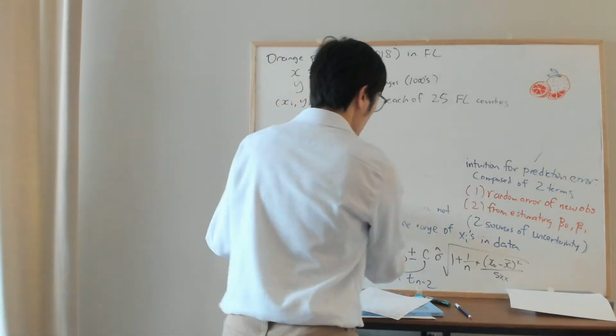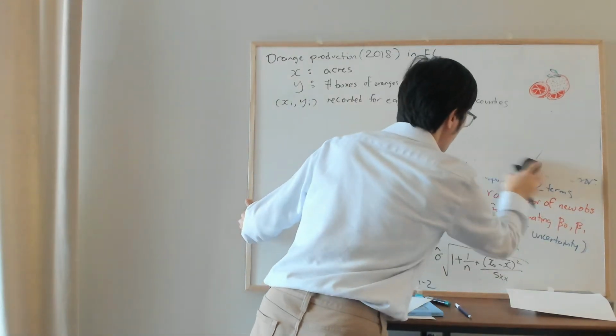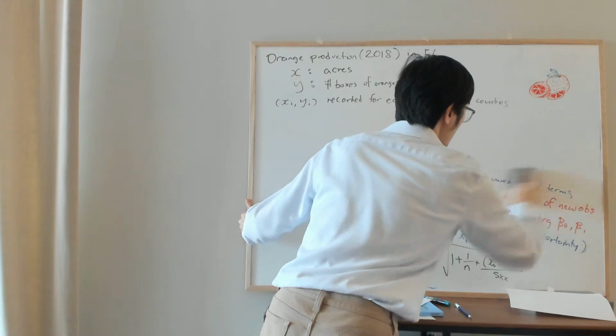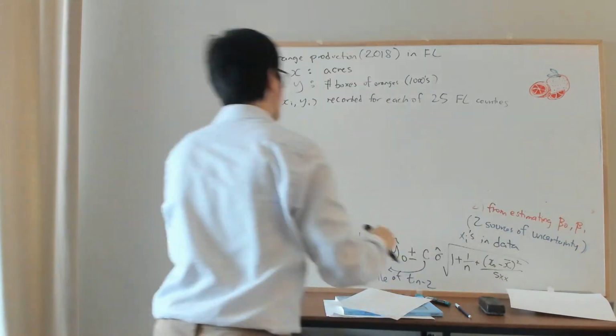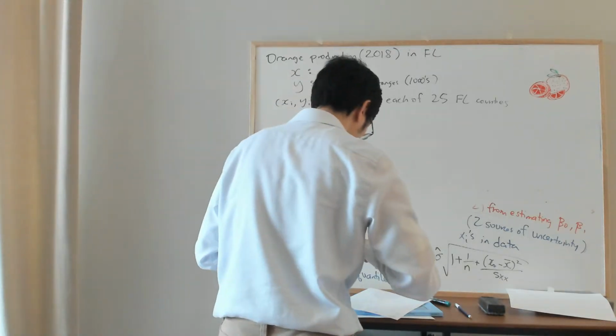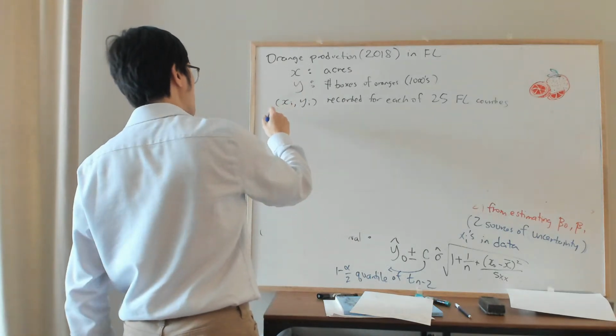Okay, I will give you a few summary statistics, and then we'll work through a few calculations on the board. So there are 25 x, y pairs.